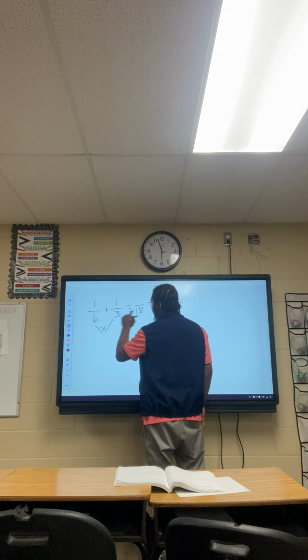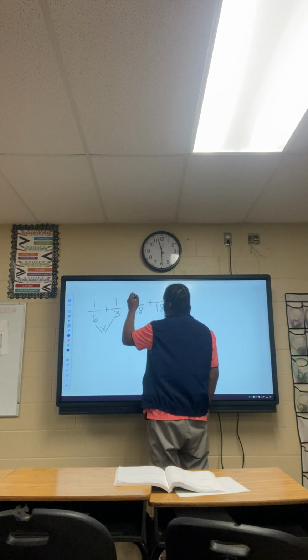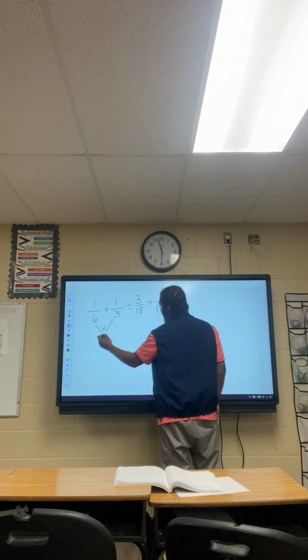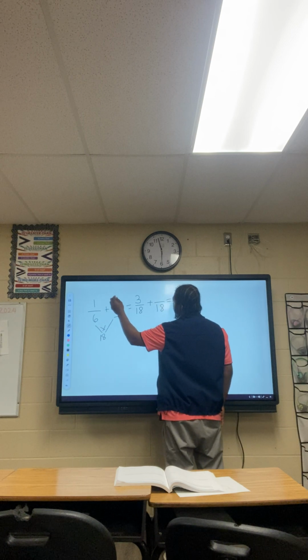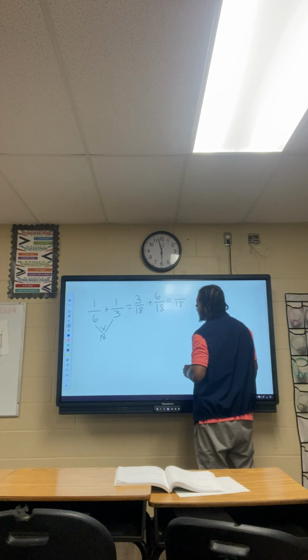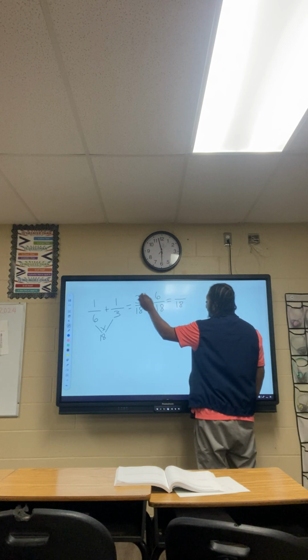So we took that 6 and turned it to 18. That means we had to multiply by 3. So we also have to multiply the 1 by 3. We took this 3 and we multiplied it by 6 to get 18. So we have to multiply the 1 by 6, okay? Now we have our new fraction problem, and we have our denominators already set up. So now we can go ahead and add our numerators together.